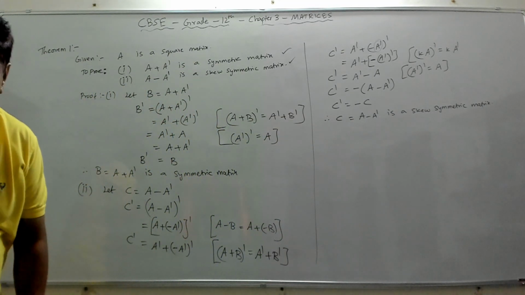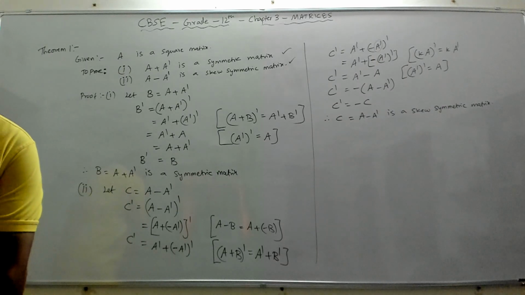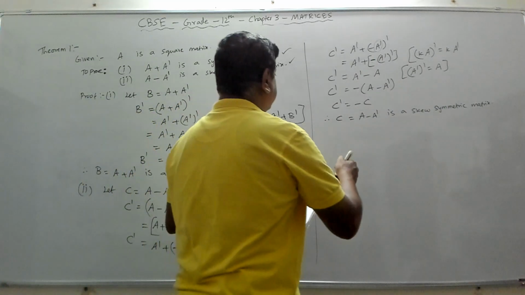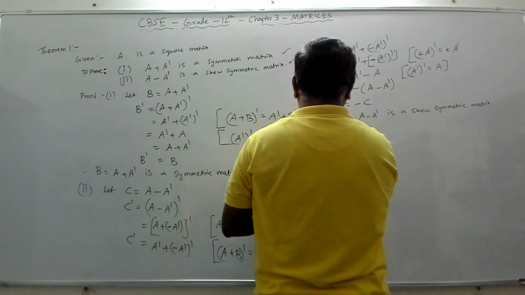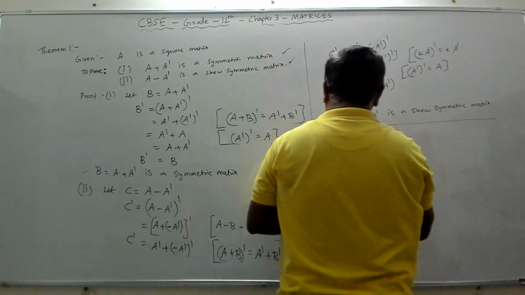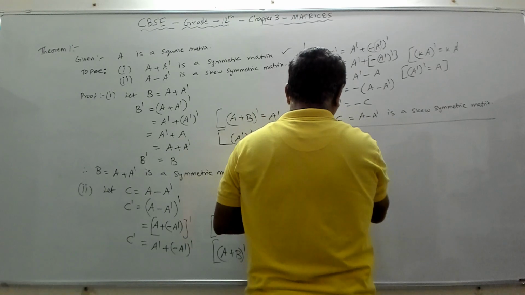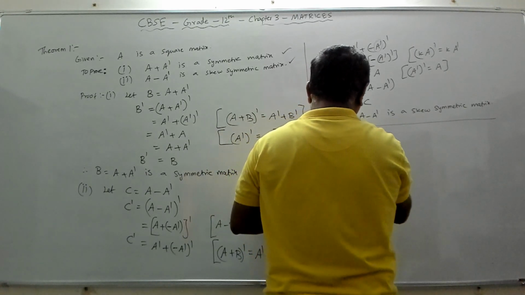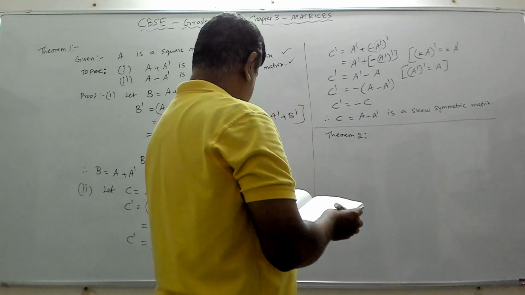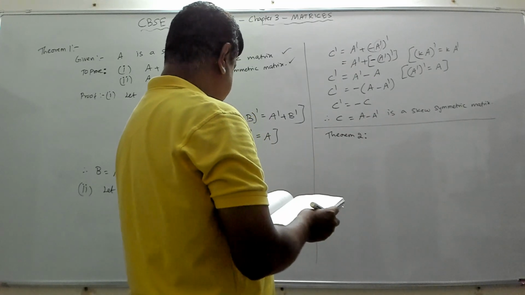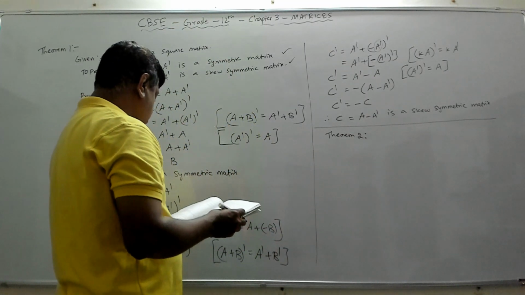Now let's go to theorem 2. So theorem 2 is, any square matrix can be expressed as sum of a symmetric and skew symmetric matrix.